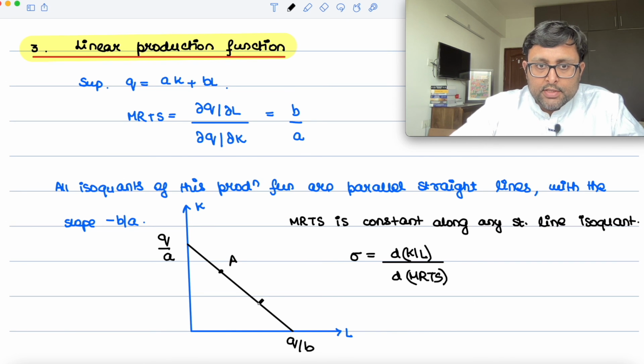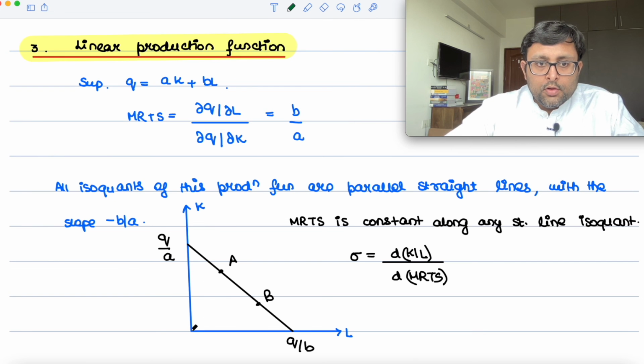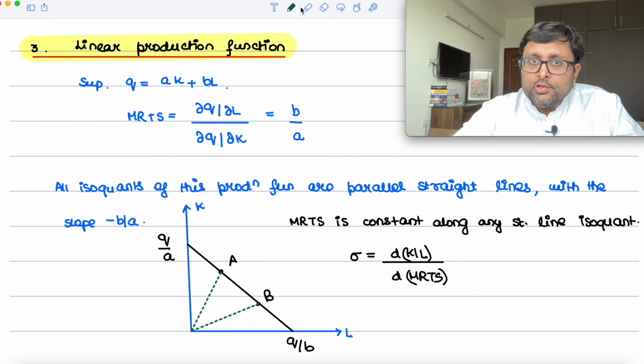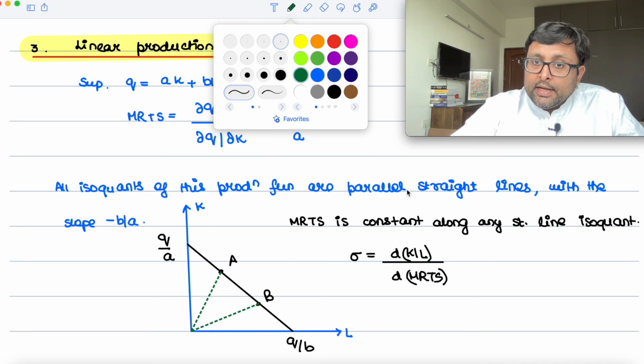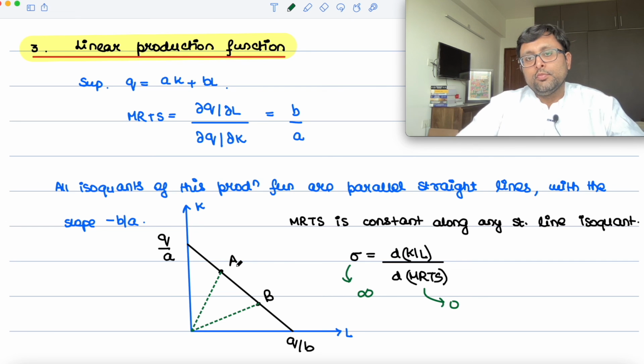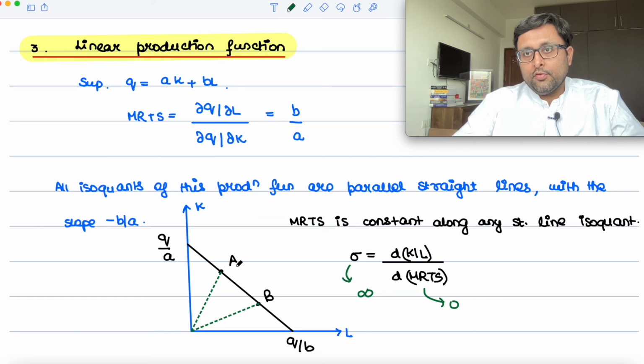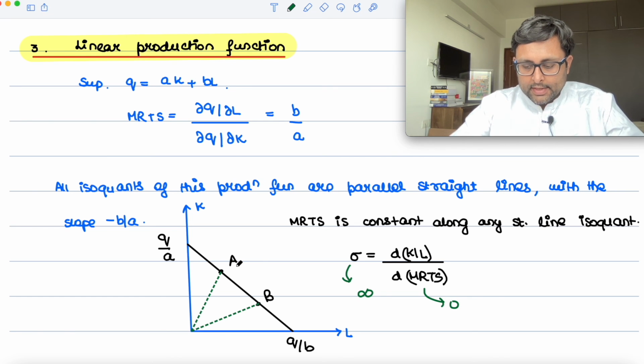Let's say you're sitting at A, you're sitting at B. You're using maybe more capital, less labor here. You're using more labor, less capital here. So K by L might change, but MRTS is the same. So the denominator is 0, and this is going to be infinity. Hence for a linear production function, your sigma is infinity.